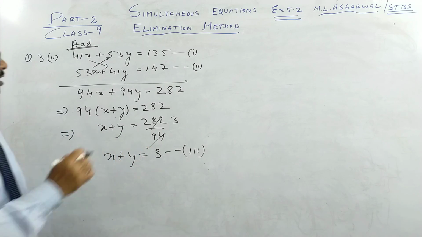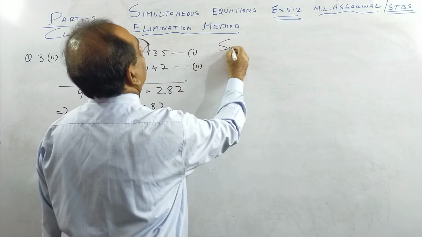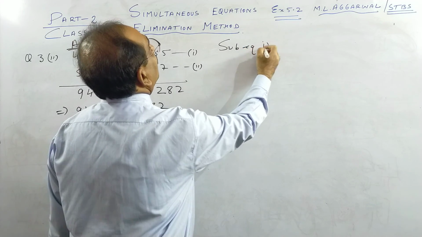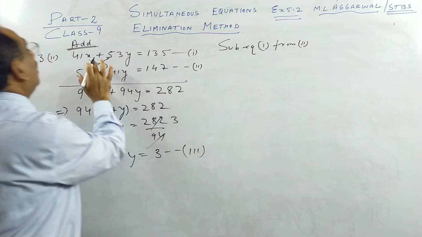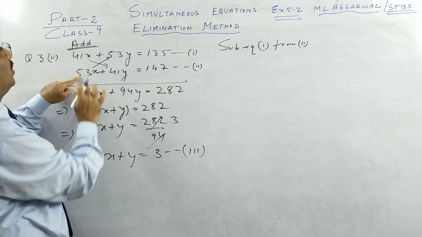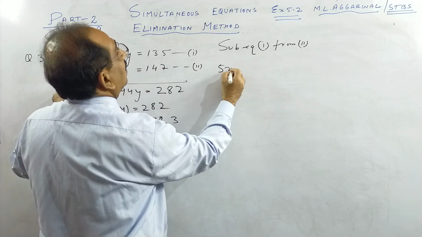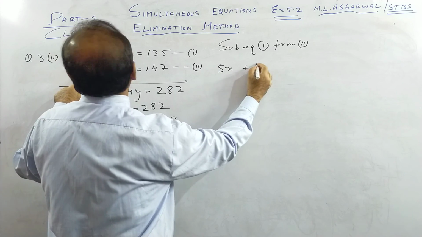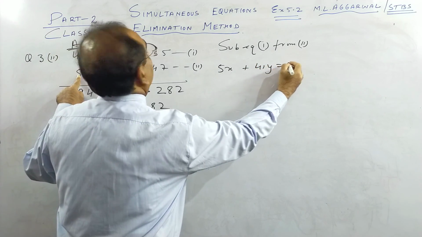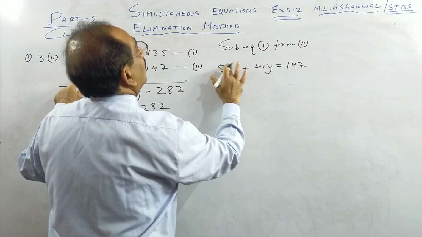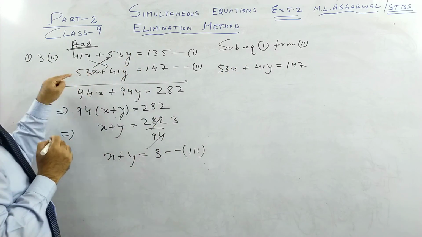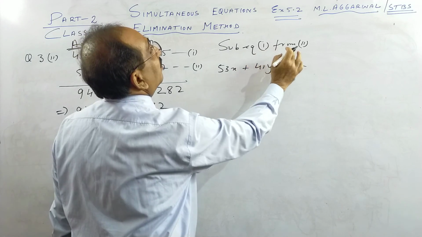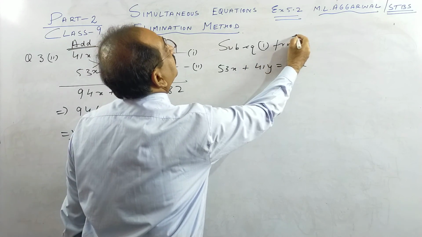Take out 94, take it that side. Now when you subtract, see, subtracting equation 1 from 2. This is very important, children. Equation 1 from 2. Why? I'll tell you, because 53 is bigger. Listen to me very carefully. You write the second equation first, subtracting equation 1 from equation 2.